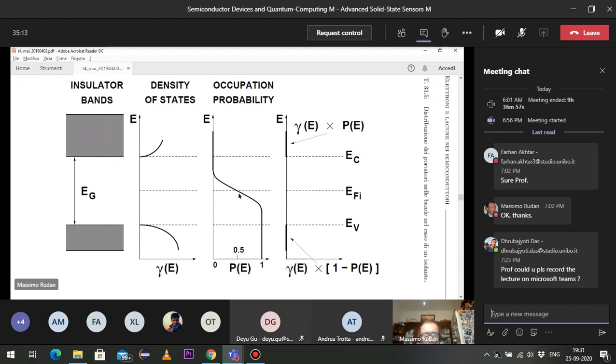Well, no. We should heat very much, and there will be a phase change of the material before we can detect a change in conductivity.